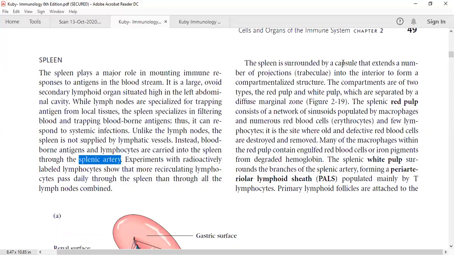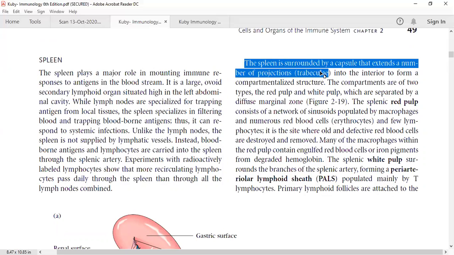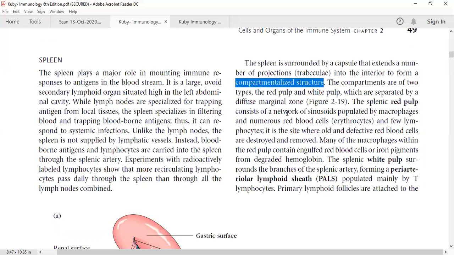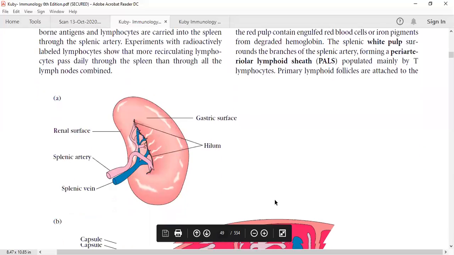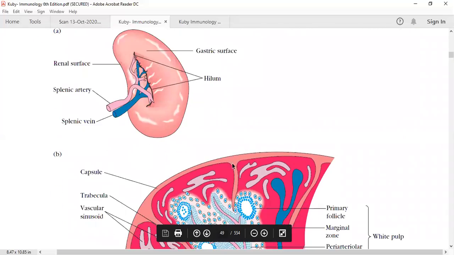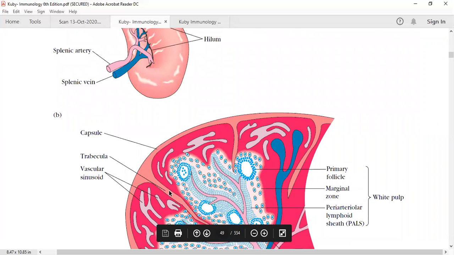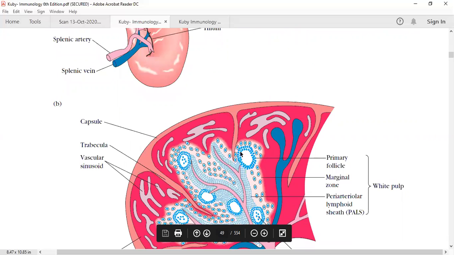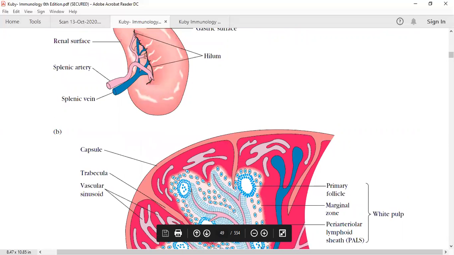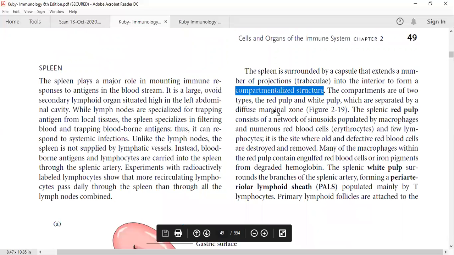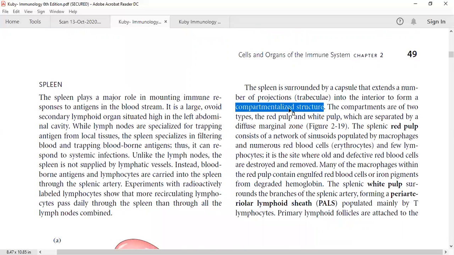The spleen is surrounded by a capsule that extends a number of projections. These are called trabeculae, extending into the interior to form a compartmentalized structure. So the compartments present in the spleen are made up of these structures called trabeculae, which are connective tissues moving deep into the organ so that they make the compartments.